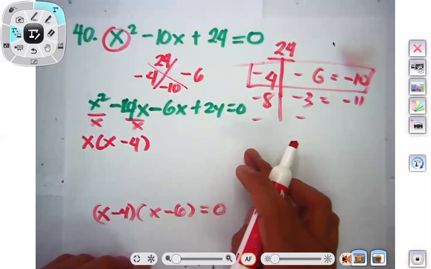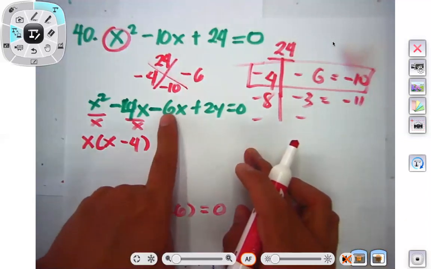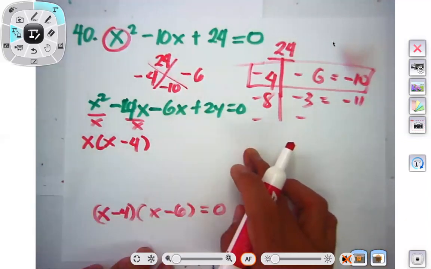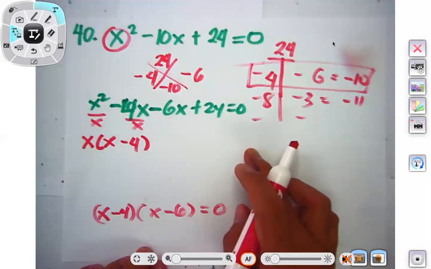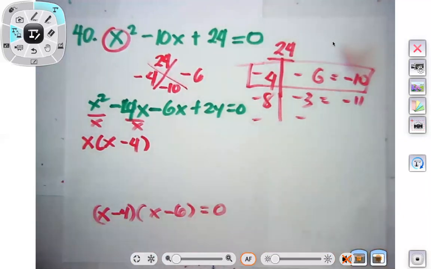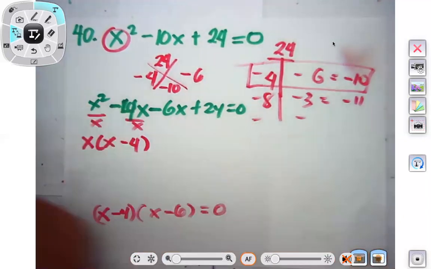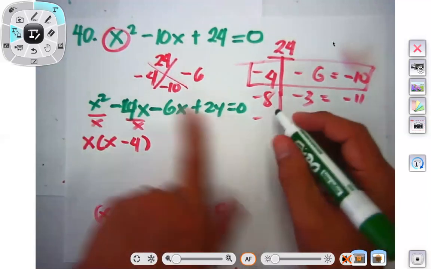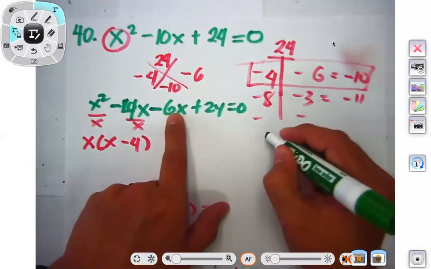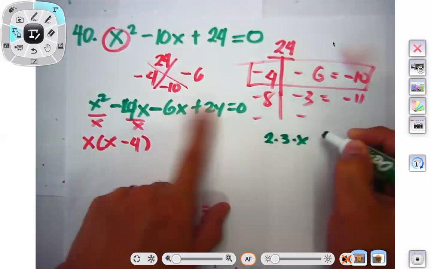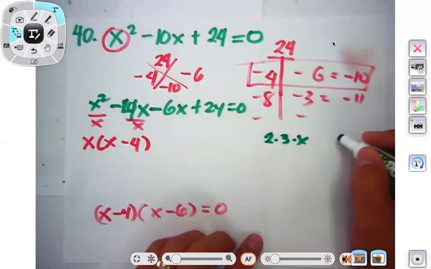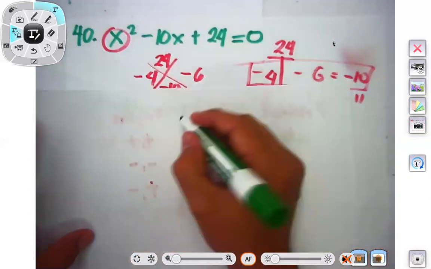But in order to do that, we need to find the GCF of 6 and 24. All right, then we have to do this. Factors of 6 are 2, 3, then 24.